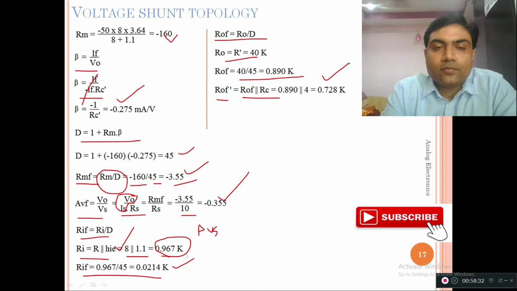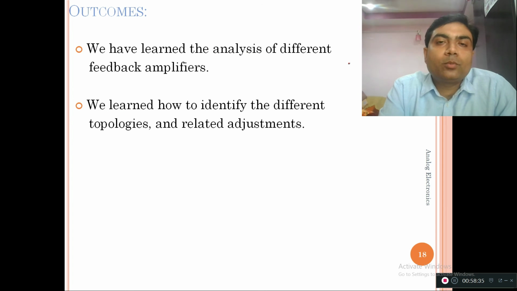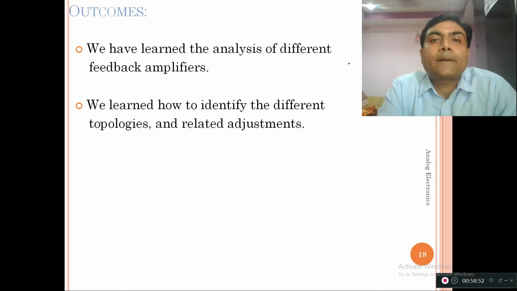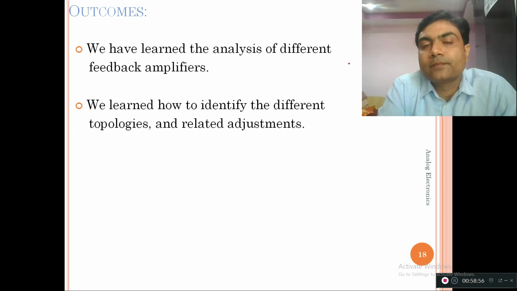So this is how we have completed all the topologies, and we have seen how we can analyze the different feedback amplifiers. We learned the steps to identify the different topologies, and we have already discussed the adjustments also. Only one suggestion: whenever you are analyzing the feedback amplifiers, you have to be very clear with the mixing and sampling logic.